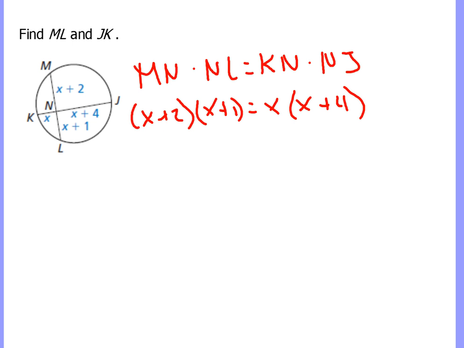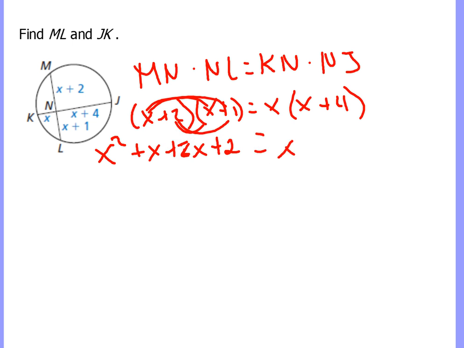Well, let's go ahead and find the value of x. And don't be scared, guys. This is just some basic algebra. Let's do some FOIL. First, x squared, outer, 2x, inner, x, last, 2. Over here, we get x squared plus 4x.